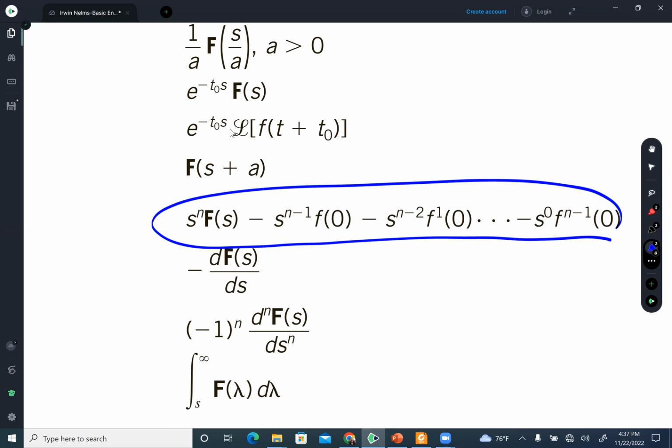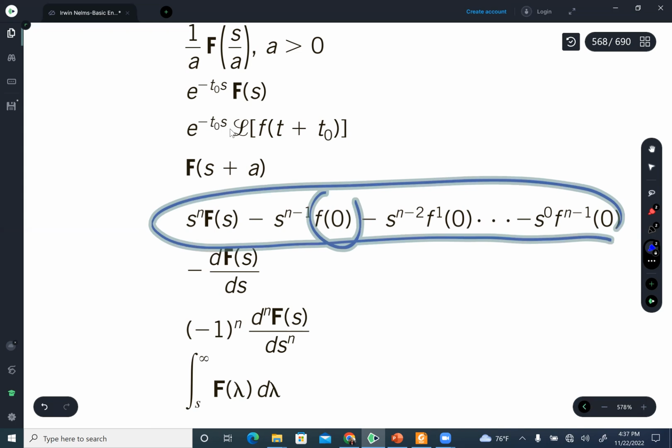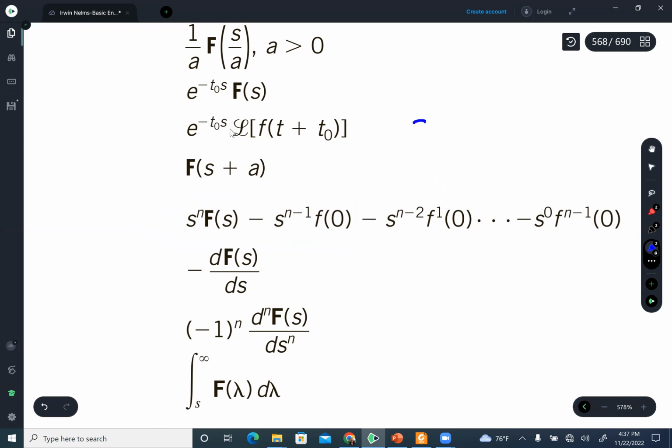And s to the 0 is 1, so you get basically f of 0. So we can write that d dt f of t is a Laplace transform pair with s F of s minus f of 0.